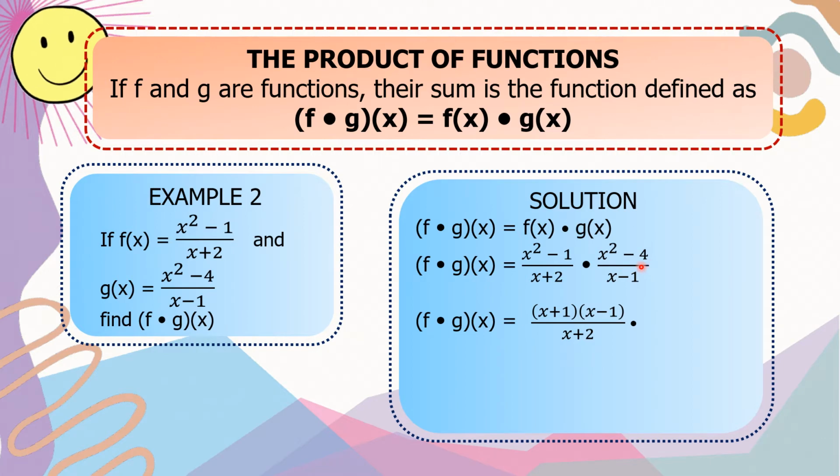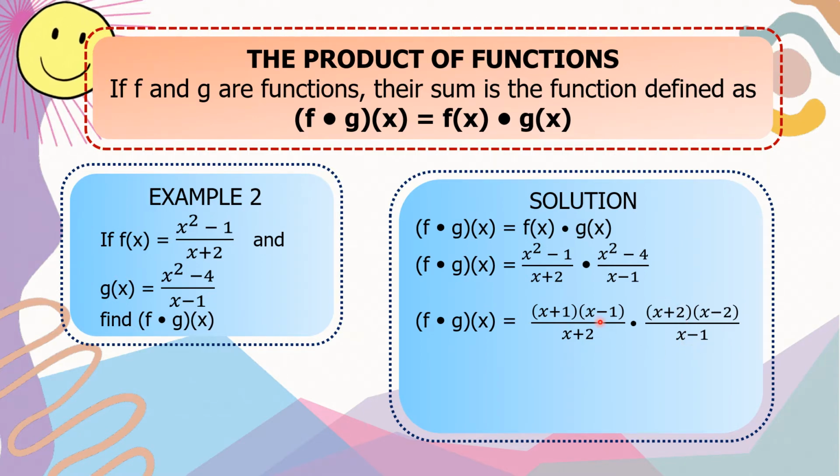So sum and difference of squares ulit sila kasi perfect yung x squared at yung 4. Then plus and minus yung kanyang sign. Sum and difference. So x squared is x times x. Then yung 4 is 2 times 2 over yung kanyang denominator which is x minus 1.